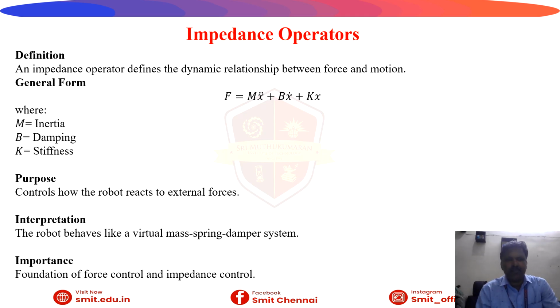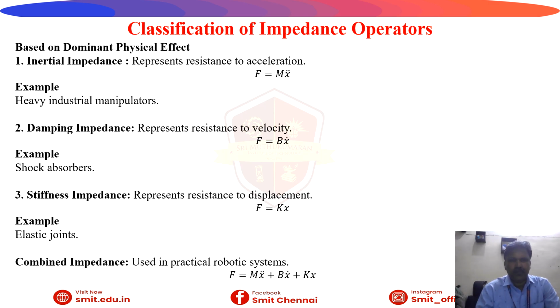M is inertia, B is damping, K is stiffness. Purpose: it controls how the robot reacts to external forces. Interpretation: the robot behaves like a virtual mass-spring-damper system. Importance: it is the foundation of force control and impedance control.